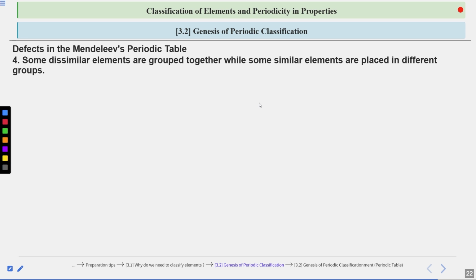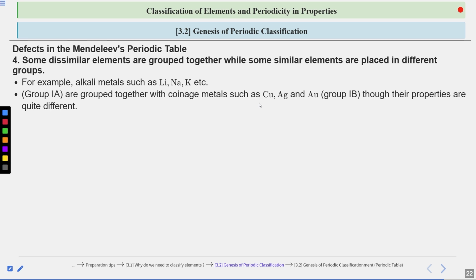Now, the next one: there were some dissimilar elements which were grouped together. For example, the alkali metals such as lithium, sodium, and potassium, in group 1A, are placed together with copper, silver, and gold, but their properties are completely different.